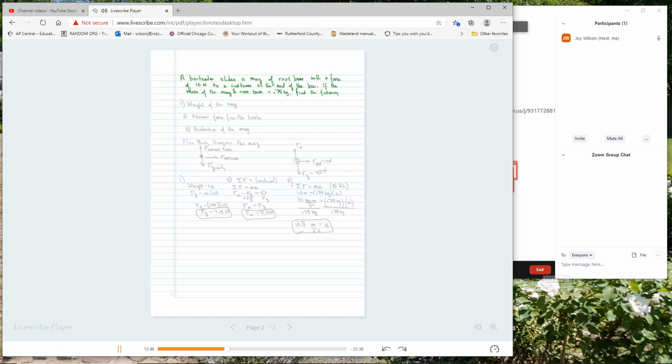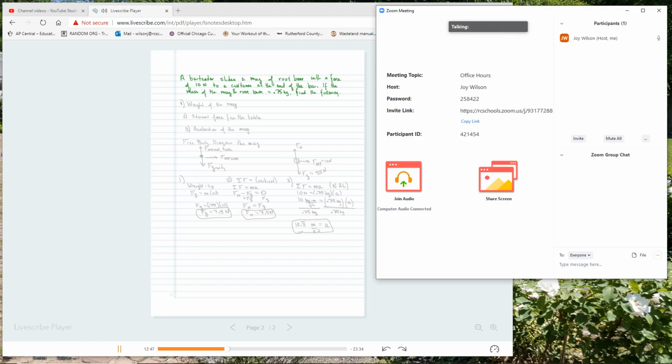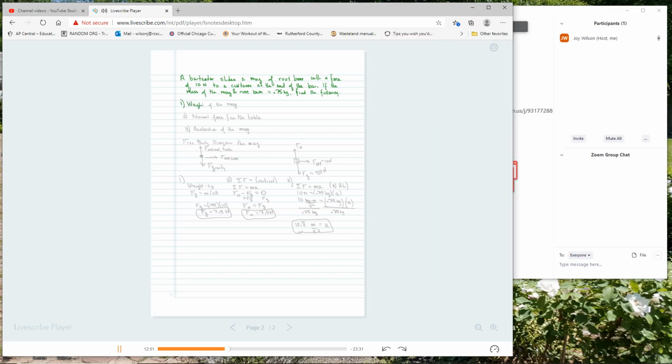Number 1, weight of the mug. 2, normal force from the table. And number 3, acceleration of the mug.